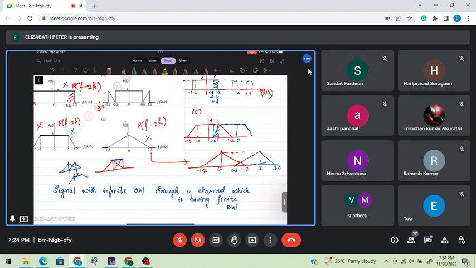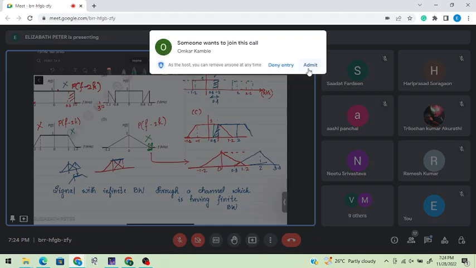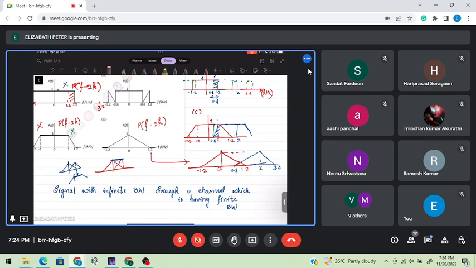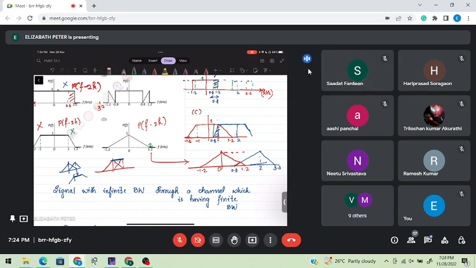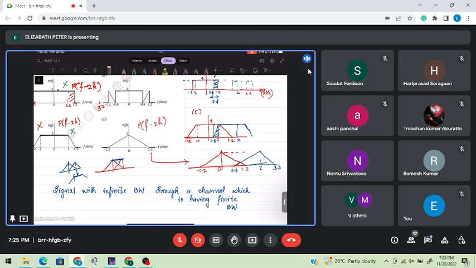But instead, if it is having a different width, not 1.2, if it is having 2 itself, will it satisfy the condition? Yes. Okay, so since it's not having the correct width, it is not satisfying the condition.